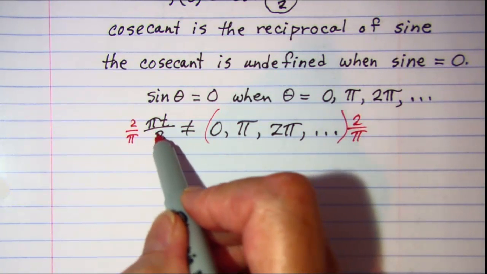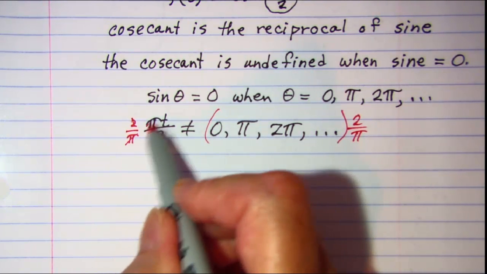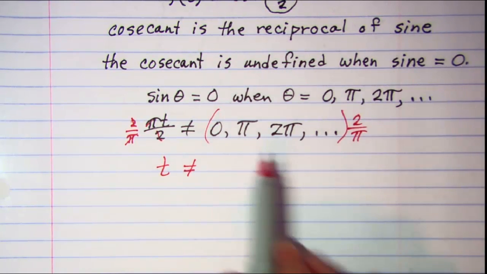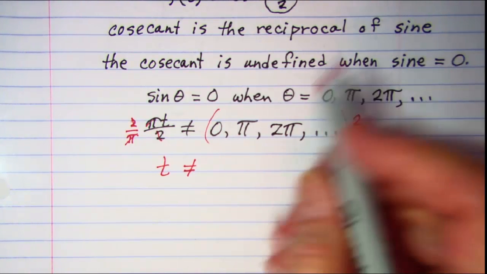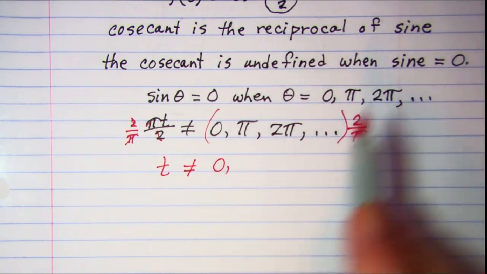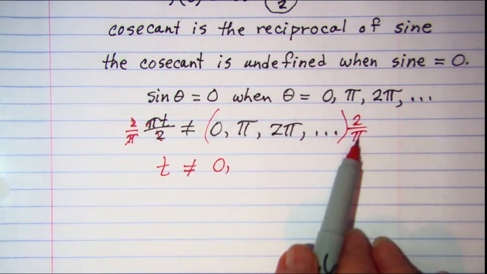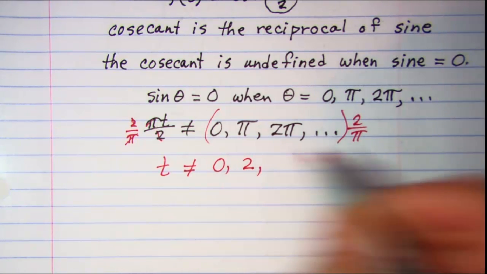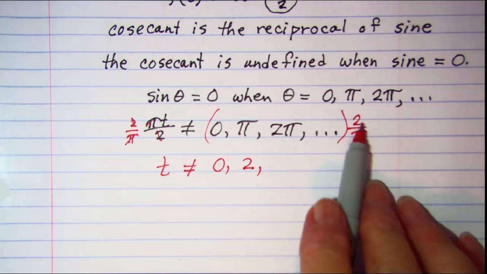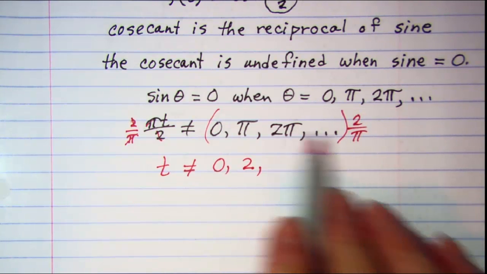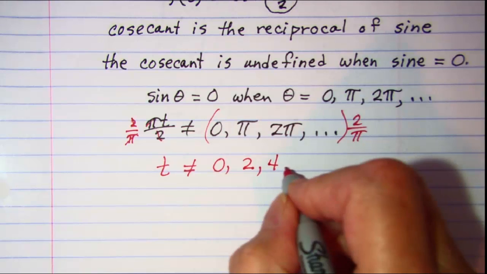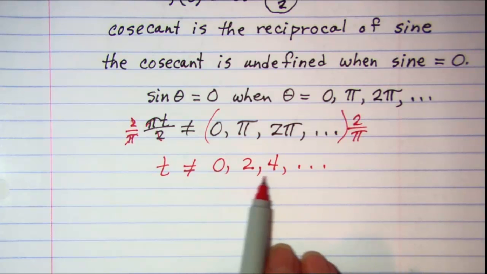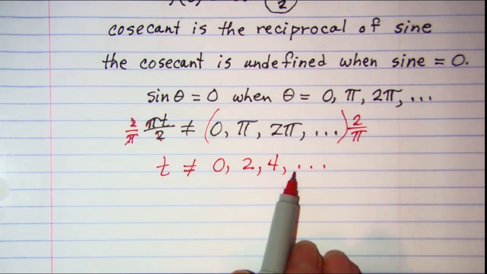We can see on the left side that our 2's will cancel and the π's will cancel, and I'll have t cannot equal 0 times 2/π, which is 0. π times 2/π, the π's will cancel, and I have 2. 2π times 2/π, again the π's cancel, and I have 4. And it looks like we have t cannot be equal to all of our even integers.